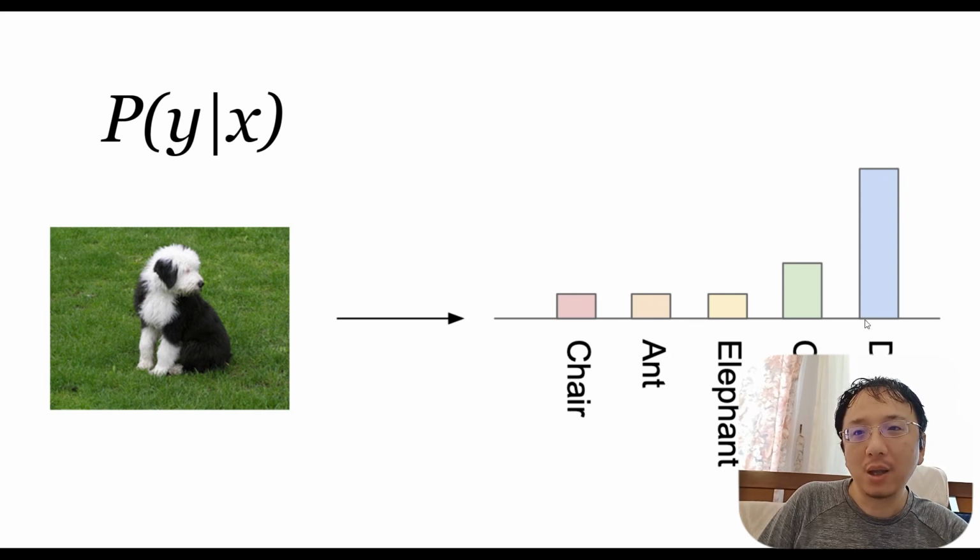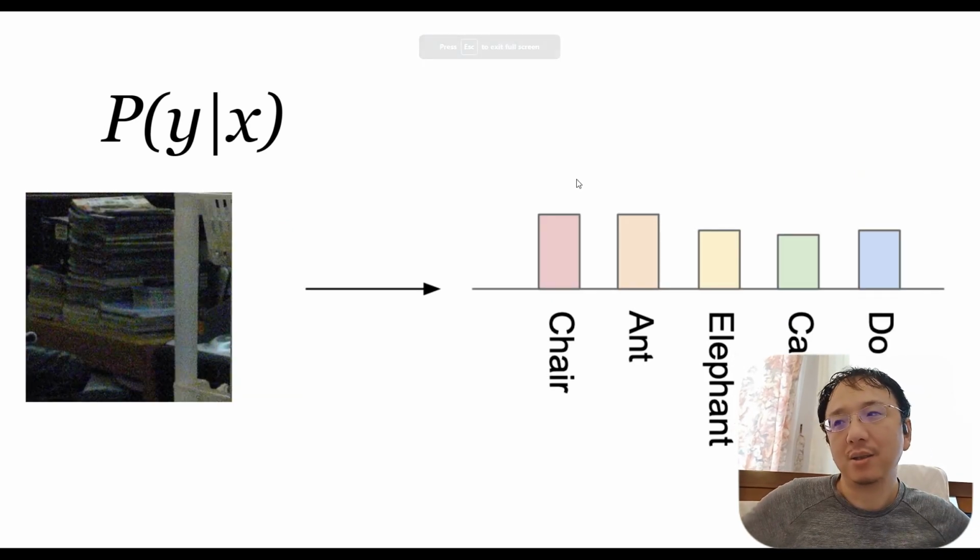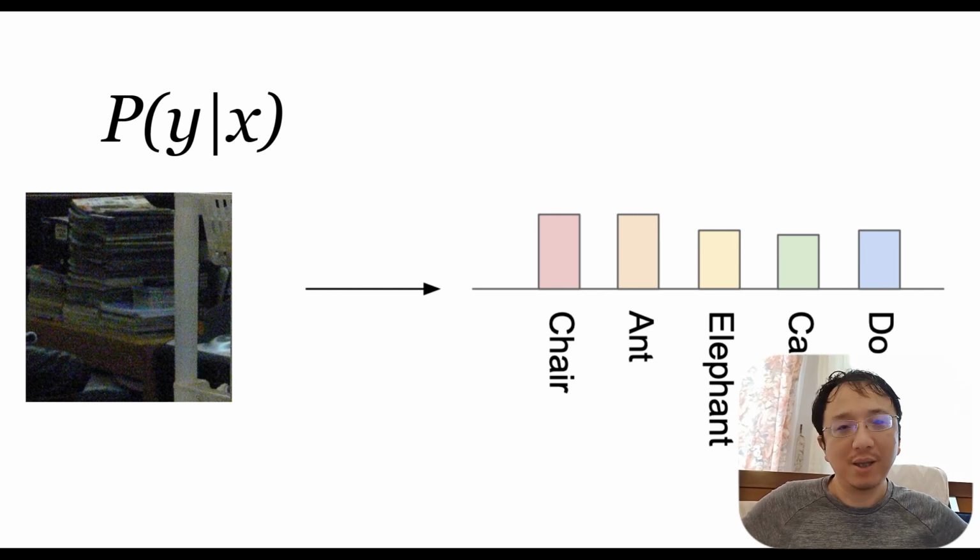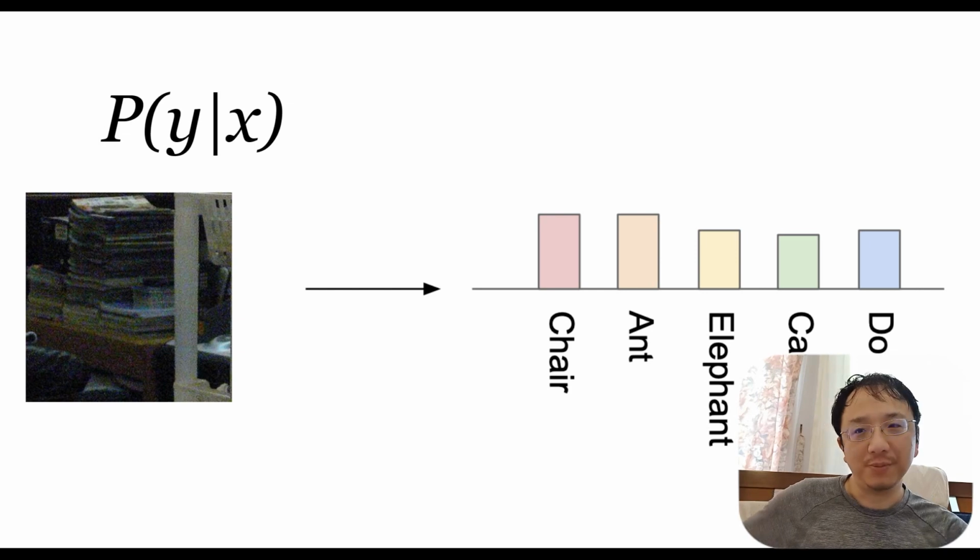One of the categories has a very high probability, like 0.9, 0.95, or even 99%. On the other hand, if an image doesn't clearly have an object in the given categories, it may have a very even distribution because we don't know which category it is.